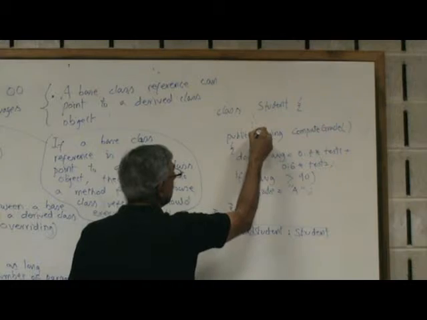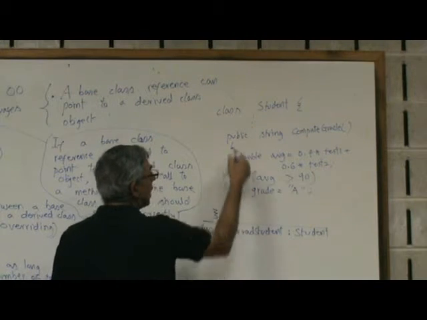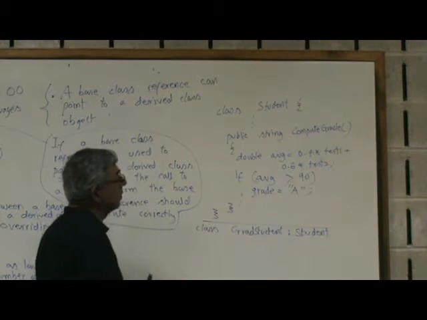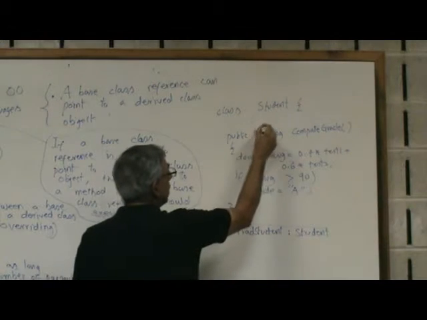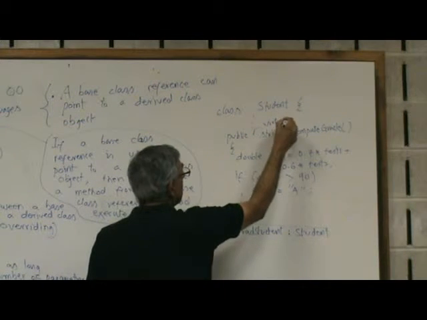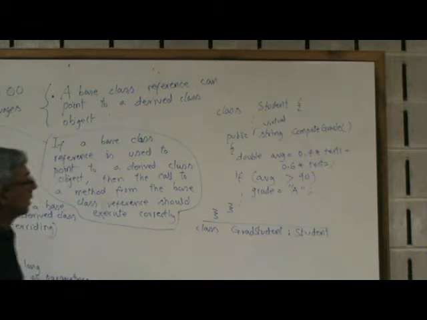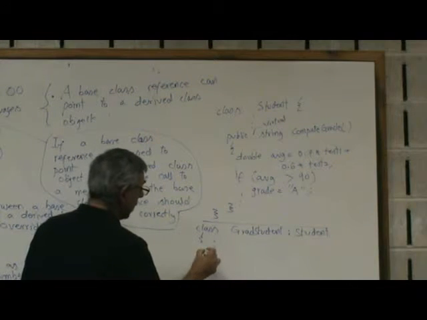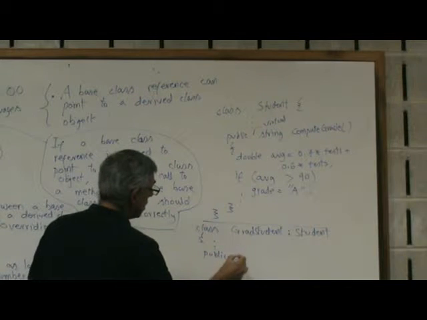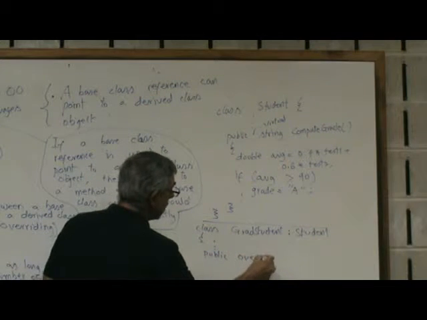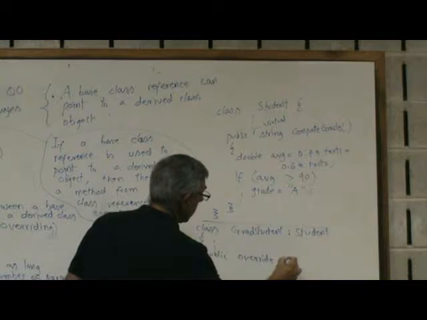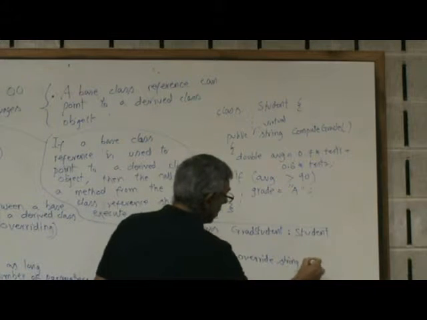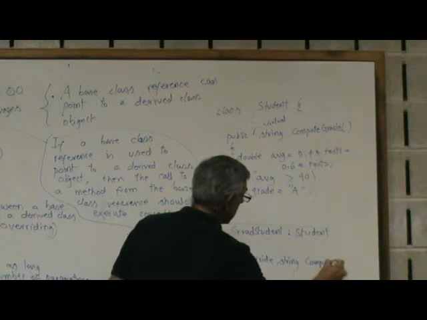Also, if we wanted to override this, how should we mark this over here? Virtual, because there's real code in it, correct? Okay, so now, whatever the data is, doesn't matter, let's do public override string ComputeGrade.